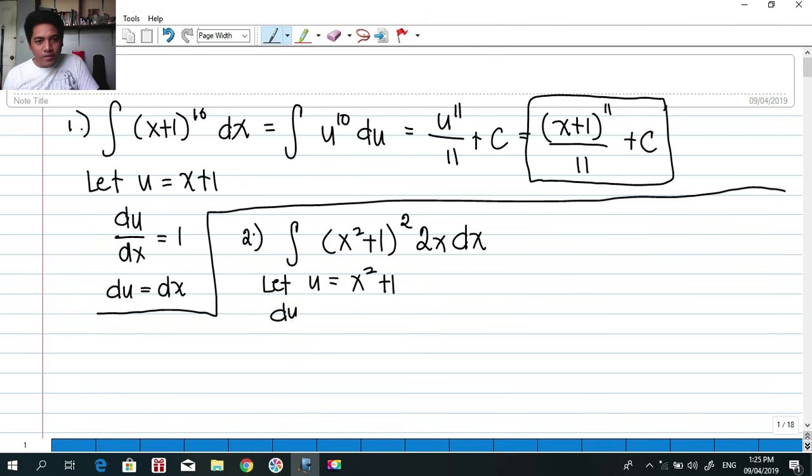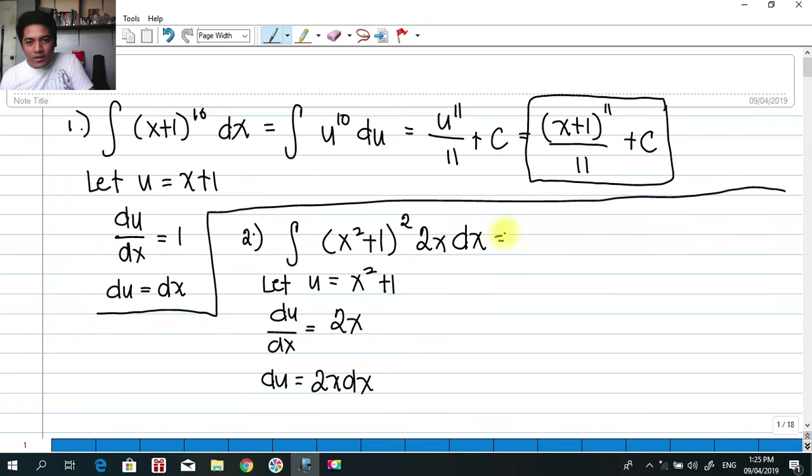When we get the derivative of u with respect to x, we have 2x. Cross multiplying with dx, du equals 2x dx. From our integral, we can see that 2x dx is already given, so we can simply replace this part with du, because du equals 2x dx.